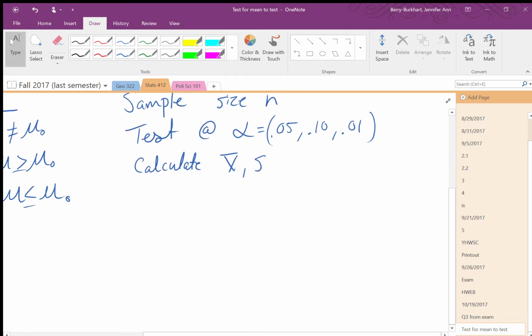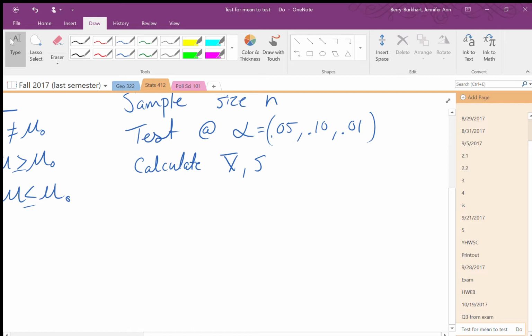So basically, tell me what we're going to do. If I look at x bar, and I assume that the mean is truly mu naught, right? Then when am I going to reject this?